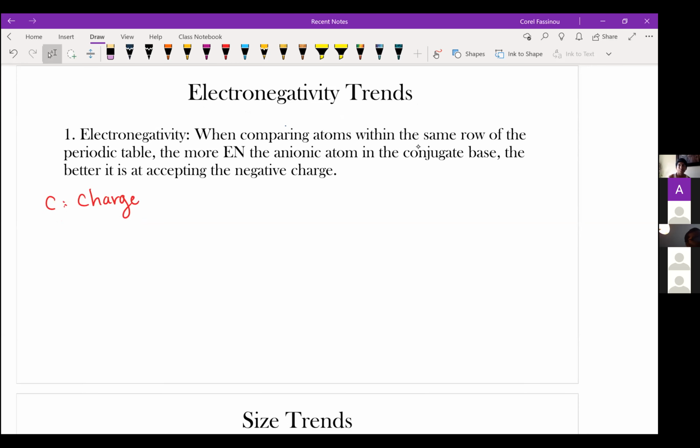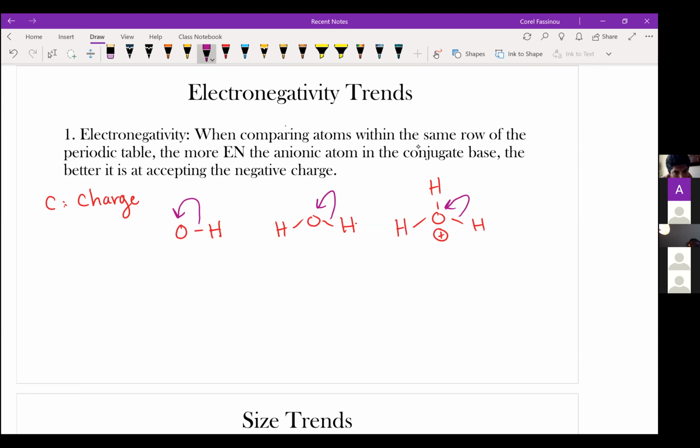So if we had something like OH, H2O, and H3O plus. All right, so we know that when we do these acid deprotonation reactions, what we're going to be left with are the electrons that are between whatever molecule you have and your proton.